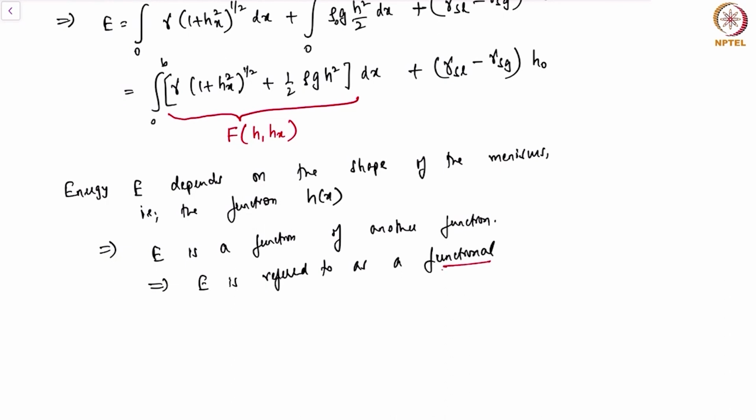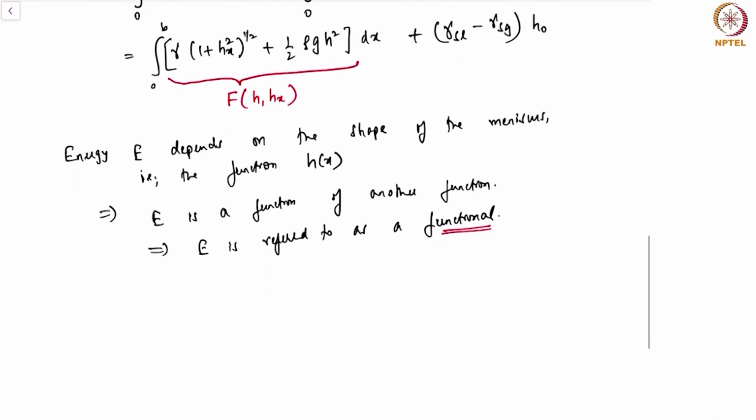This is a new term in our vocabulary. So basically E is operating on capital F, okay, where capital F is a function of h and hx. So this quantity E is not a simple function, it's a function of a function, and we call it a functional.